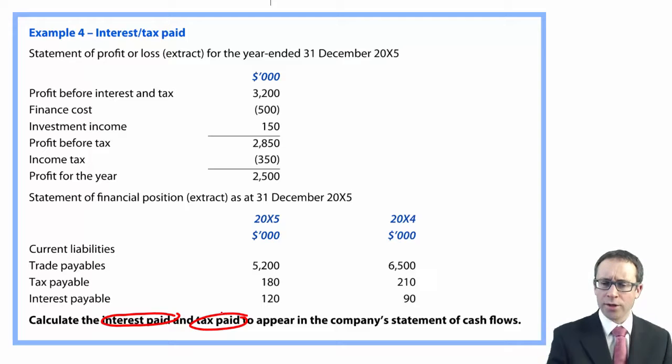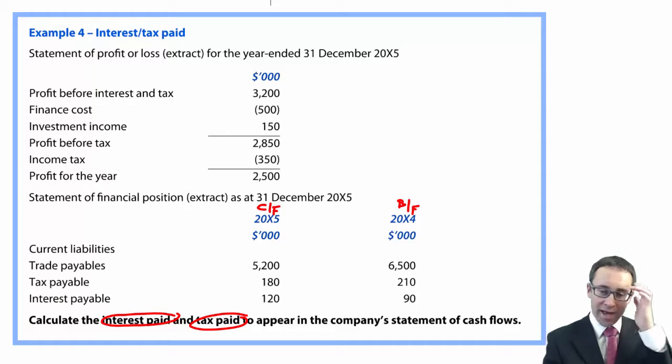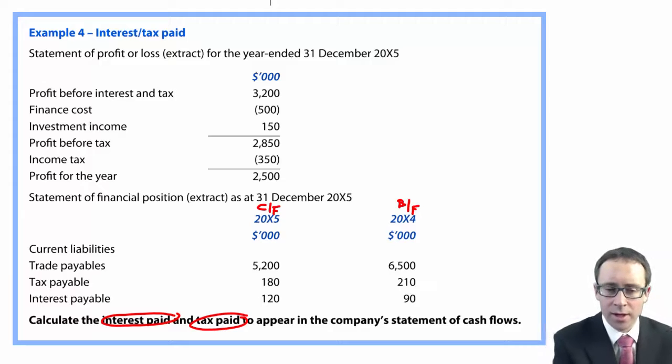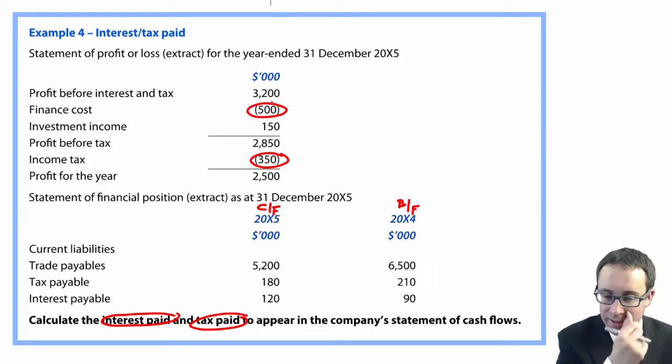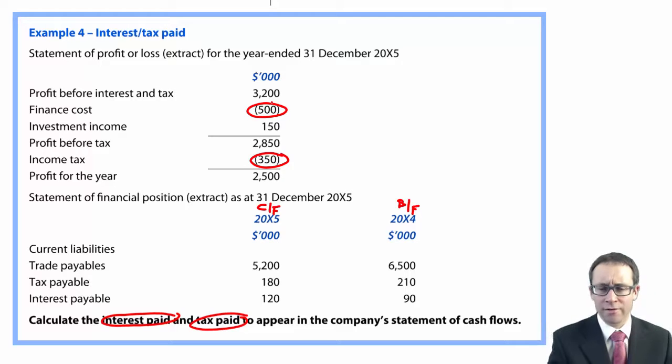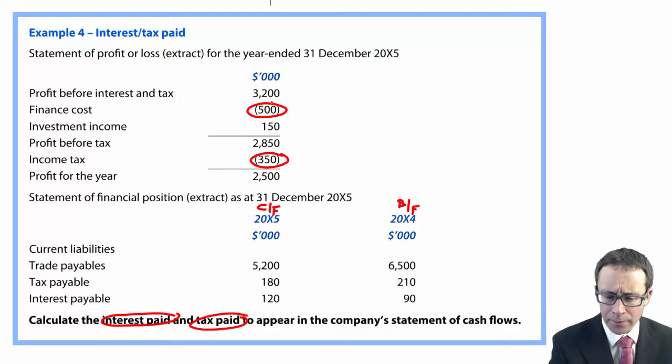At the bottom you have your opening figures and your closing figures. X4 is the brought forward, X5 is the carry forward, and then you have an income tax figure and a finance cost figure. We can go through there and play around with those amounts.